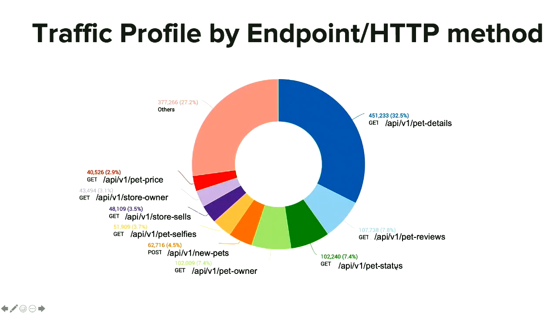We may have 50% of the users logging in, the other 50% signing up. So we want to get a production traffic profile by HTTP method and endpoints, so that we know which endpoints, or in our case, the GET requests, to focus on.